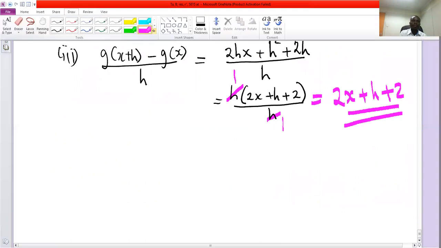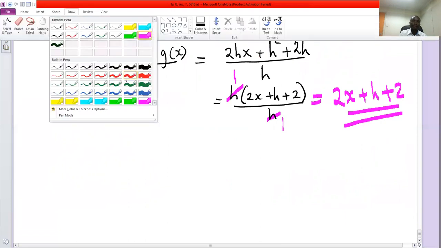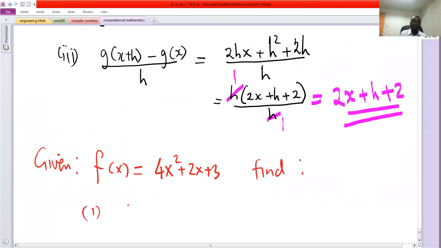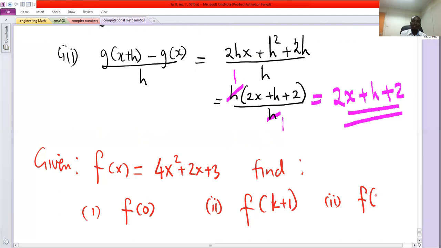And lastly, if you have f of x given by 4x squared plus 2x plus 3, find: 1, f of 0; 2, f of k plus 1; 3, f of 2x plus 4.